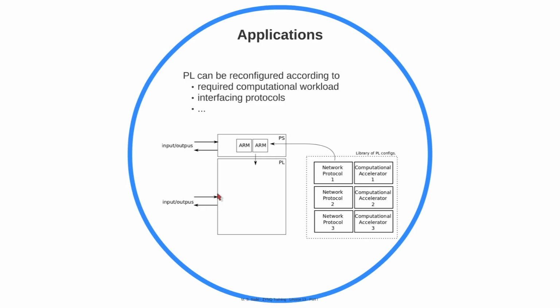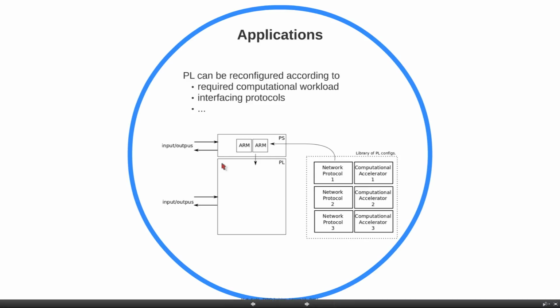And then through the operation of your device, at each moment in time, you are required to process a different type of data, or you are required to handle a different type of protocol, or for example, you are required to demodulate a different type of signal.